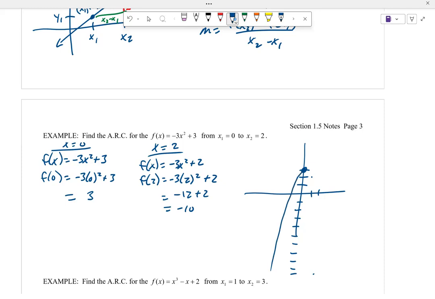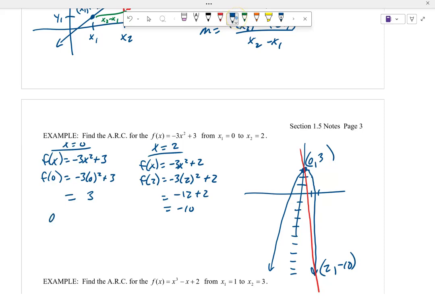If I graphed a whole bunch more points, this is kind of what it looks like. I'm going from (0, 3) down to (2, negative 9). What we're doing is finding the average rate of change, the slope of that secant line right there in red. Average rate of change from there to there.